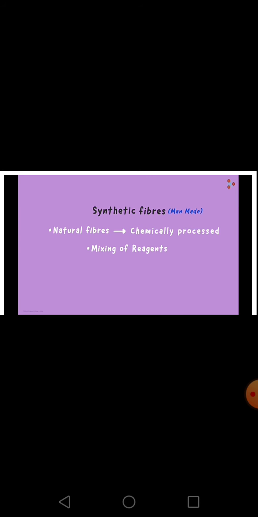Synthetic fiber means man-made. Before going to synthetic fiber, look at the picture. You can see a number of paper clips joined together, and also a chain of a number of beads joined in a thread.